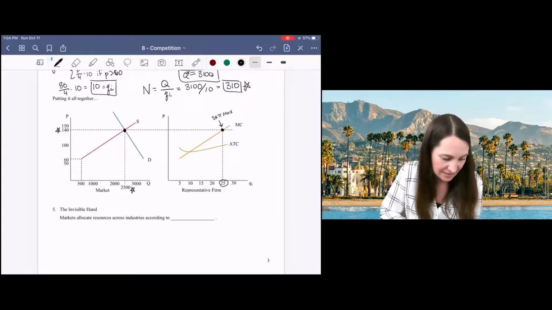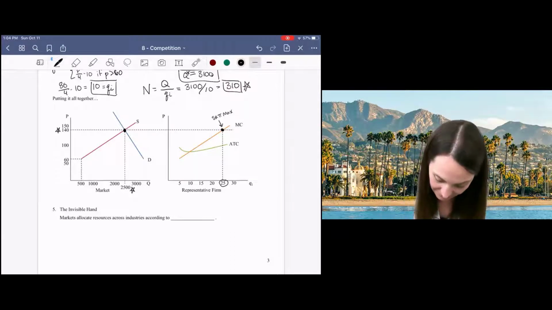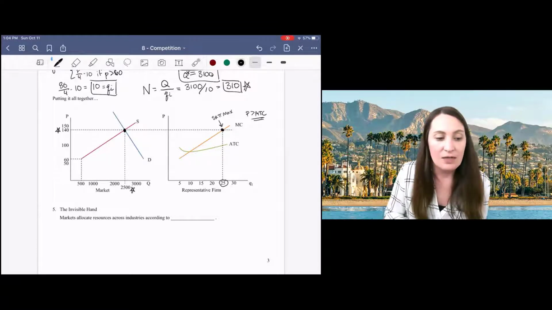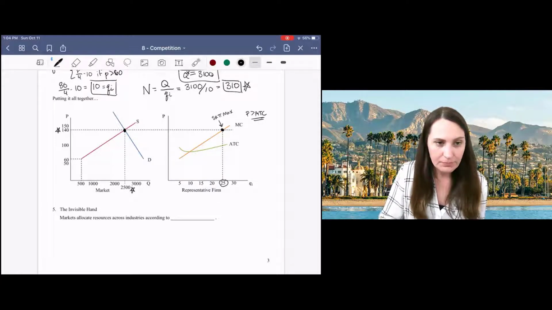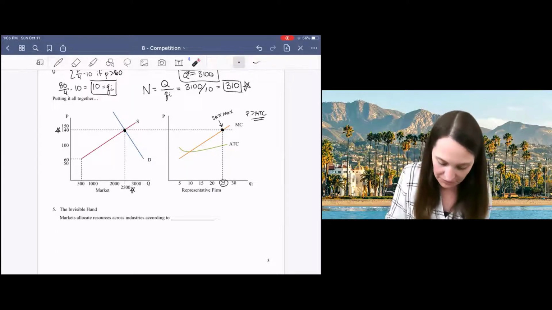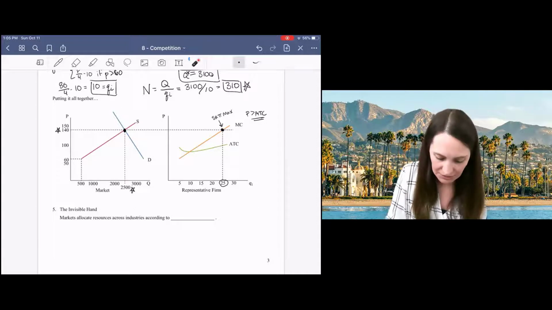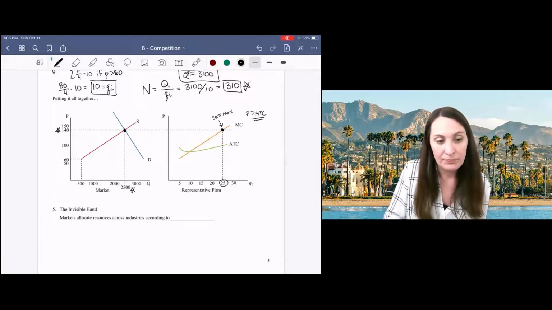And then what's happening, because here profits are positive, in other words, price is greater than average total cost, we're going to have entry into the market, which is going to shift our supply curve out until we reach the zero profit long run equilibrium.